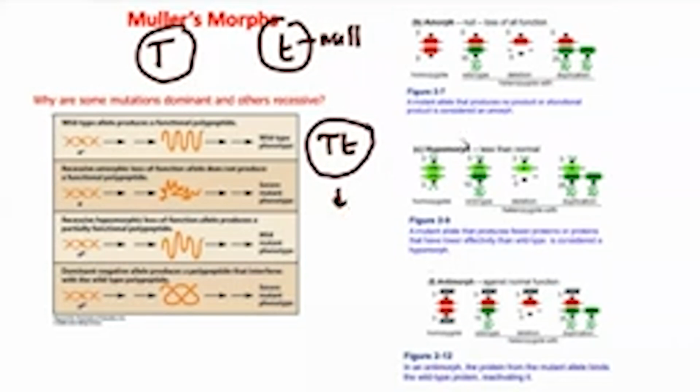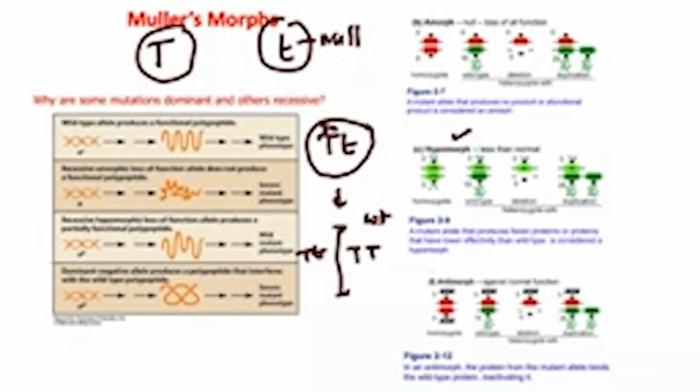This plant we can't call a hypomorph, even though 50% of the product is being formed, because the plant shows exactly the same height as a TT. So from a phenotypic view, even though one allele is not functional, you don't see a phenotype. The plant is tall, so we call it a normal wild type plant. We don't call it a hypomorph.